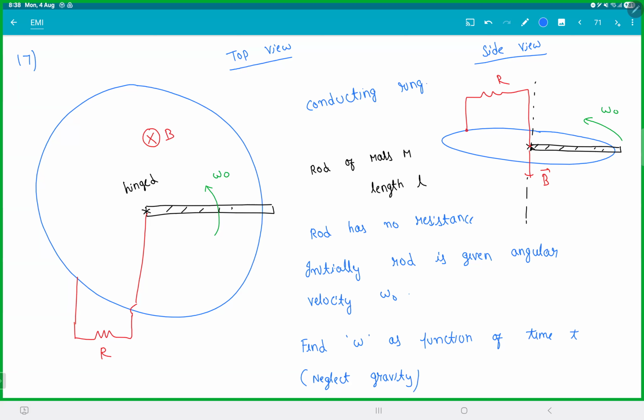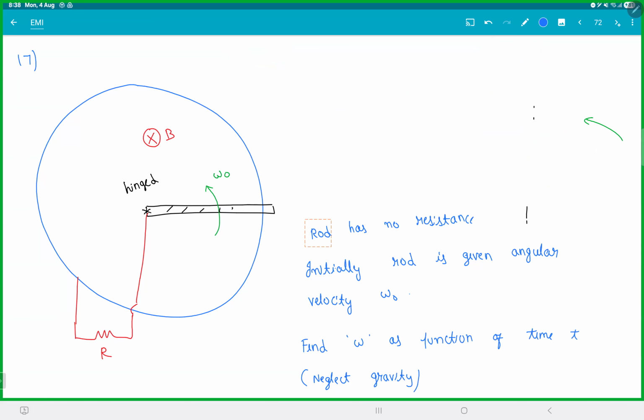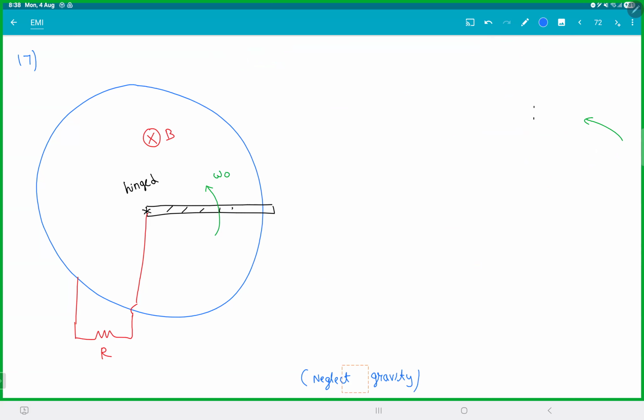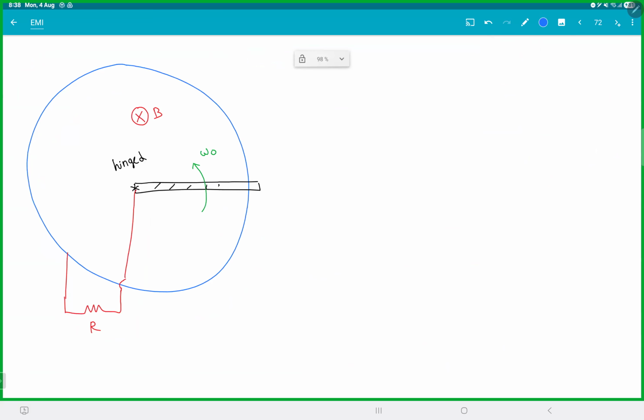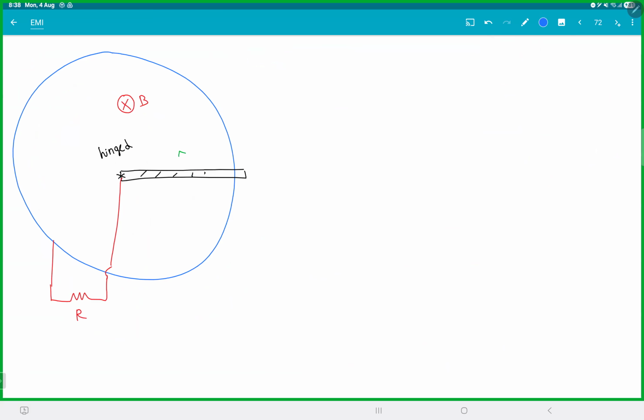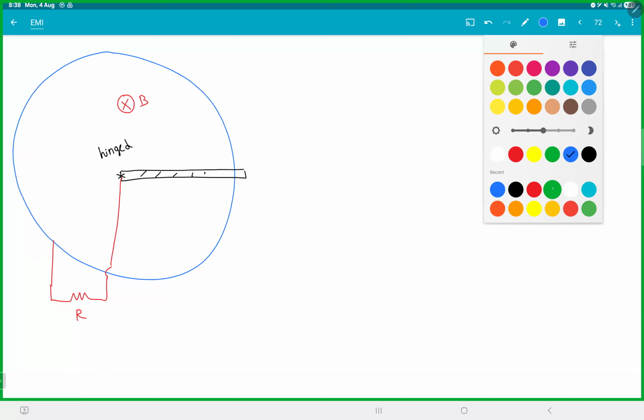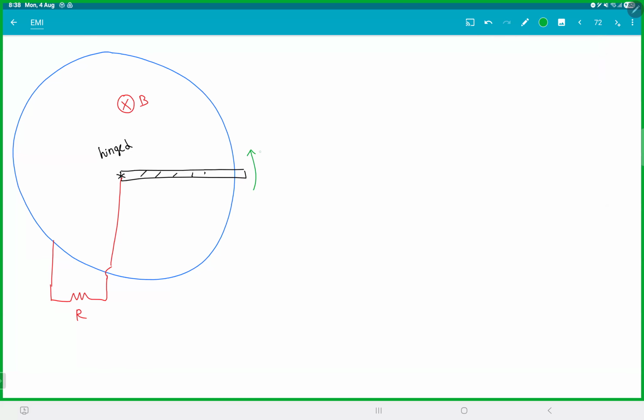Let's see. So let's say after time t, this thing has a velocity omega. Then how will it act like a battery?